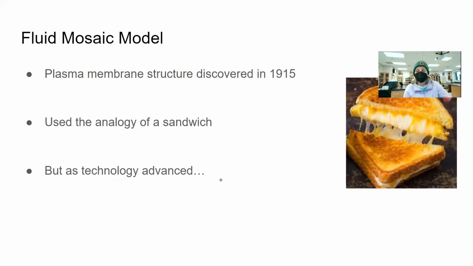But as technology advanced, we got a better understanding of the cellular components. And this is the importance of science, not being afraid of being wrong, and being able to say, okay, based on this new evidence, we're going to modify what we think this plasma membrane is.